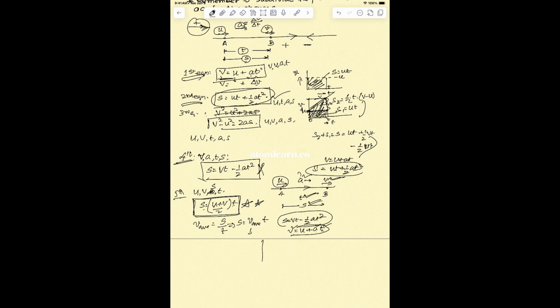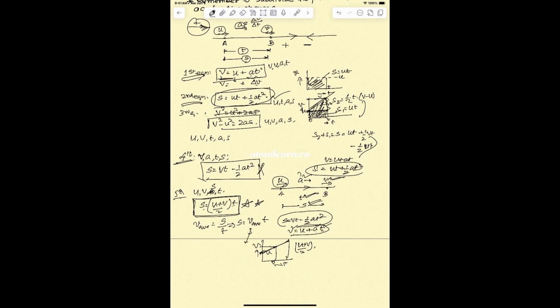In a situation of constant acceleration, the velocity is increasing from U value to V value by a straight line. The average is now half of this. That means the velocity at time t by 2 is called the average velocity. Or because it is now a straight line between U and V, the average is (U plus V) by 2 into T.